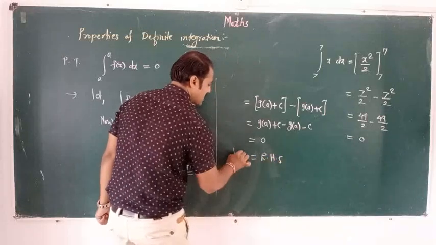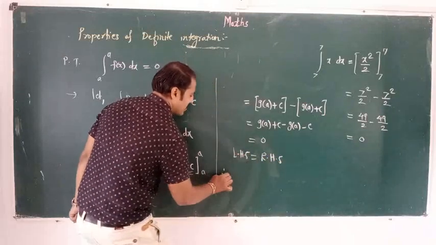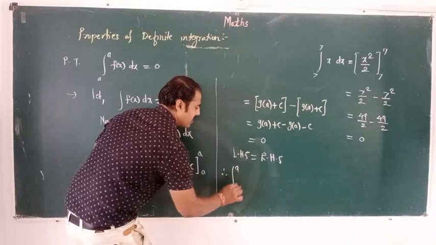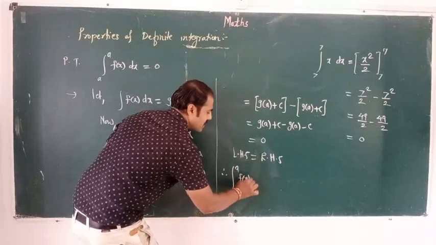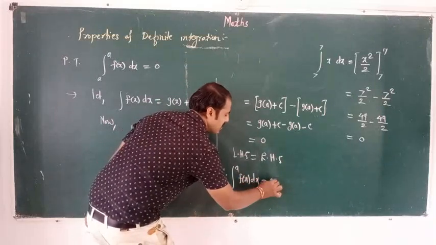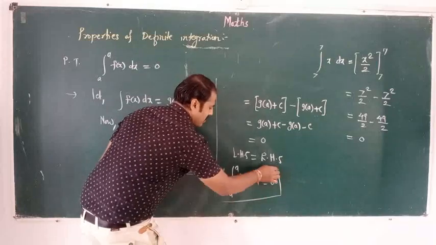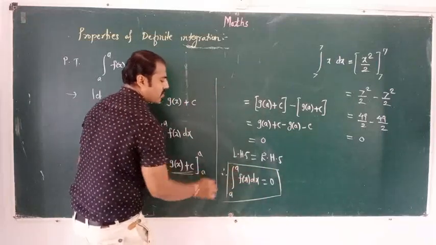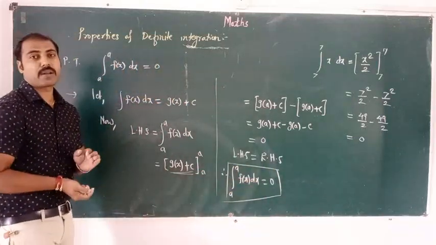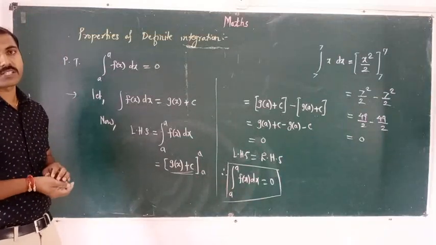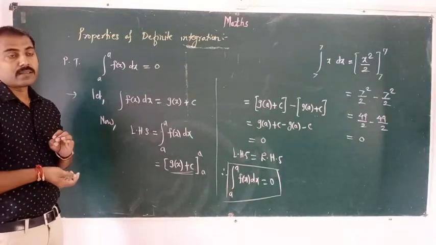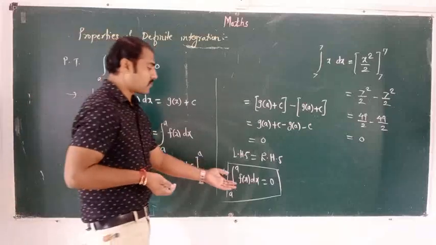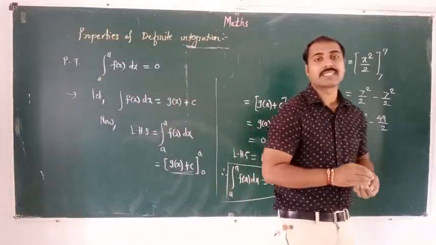Hence we say that integral a to a f of x dx is equal to 0. Remember, if the lower limit and upper limit of a definite integration are the same, then the answer of that definite integration is clearly 0.